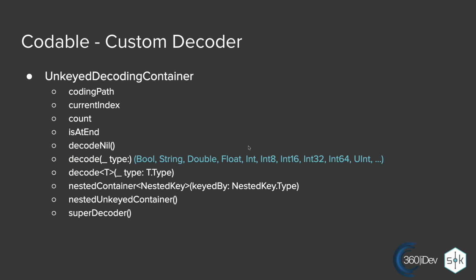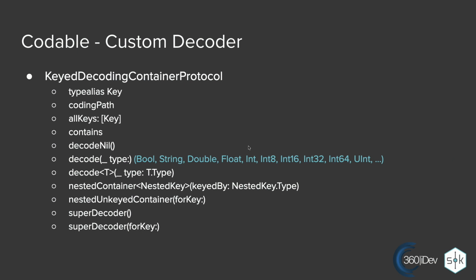So then the last decoding container is a keyed decoding container. The one you make will have to conform to the keyed decoding container protocol, which has a type alias. So it is one of those protocols with associated type, which means it's a pain to work with. So we have coding path. Again, we have a couple of functions here that deal with the fact that it's got keys, so we want to know all of the different keys it has.